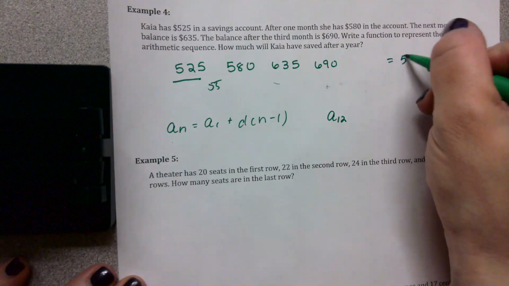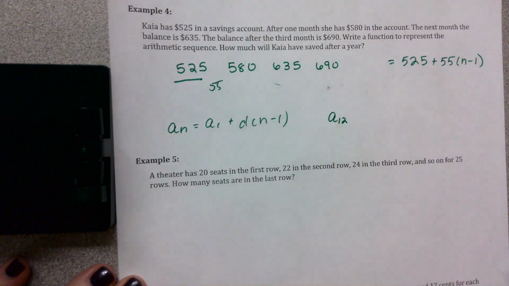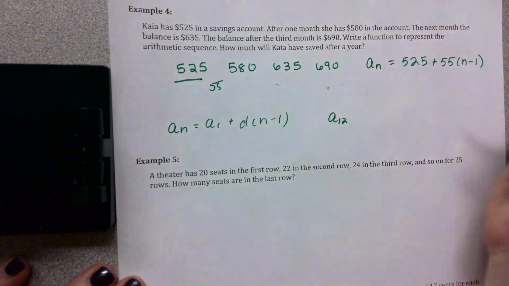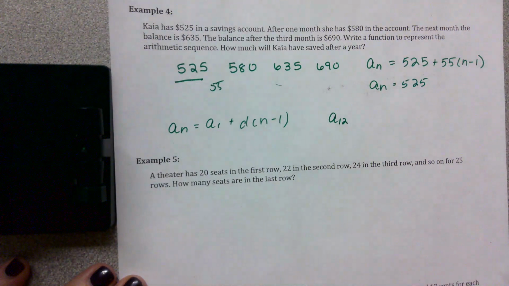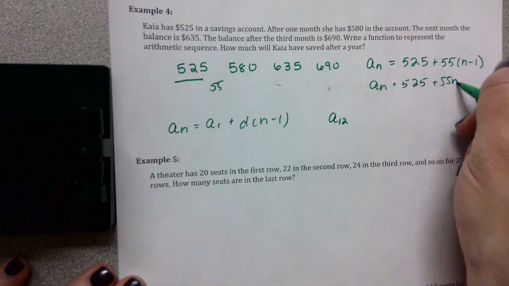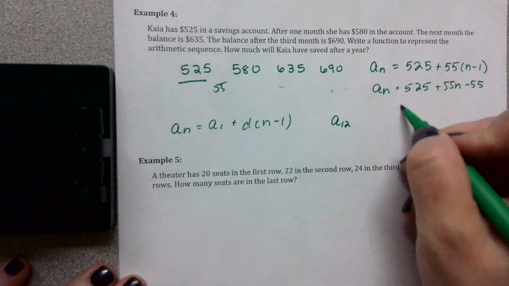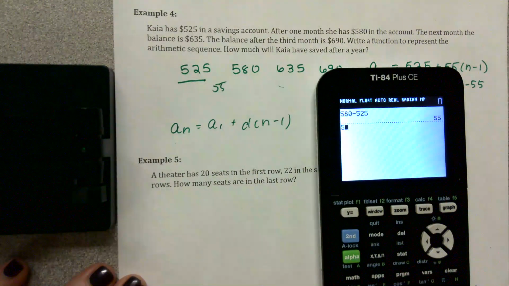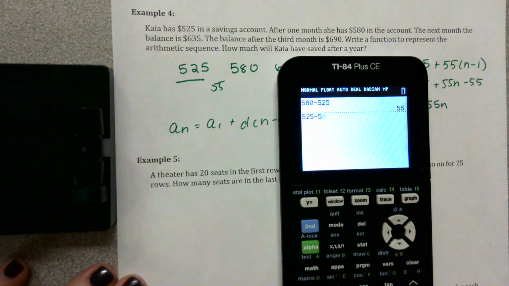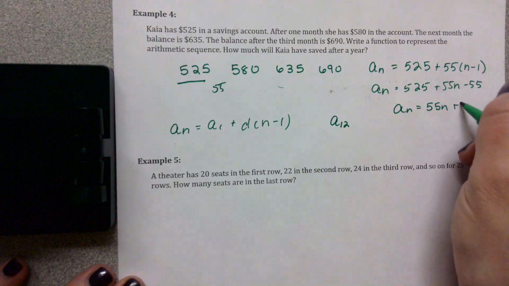Her first term is 525, and we're at a sub n. So 525 plus 55n minus 55. a sub n is 55n plus 470, since 525 minus 55 is 470.